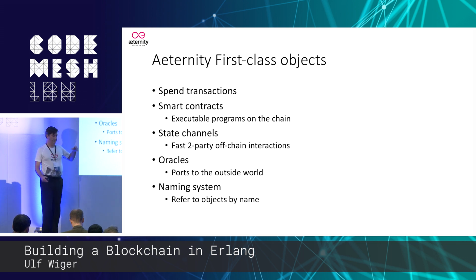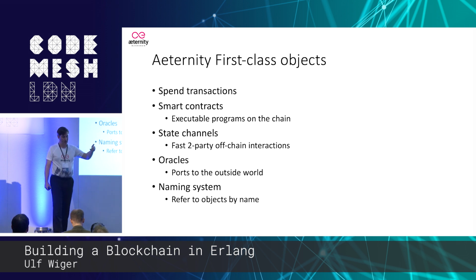So state channels is a way to take funds out of your account and put them into a logical channel that you set up with another party, and then you can very quickly transfer funds or execute contracts, and you don't have to pay anything because you're not on the chain.